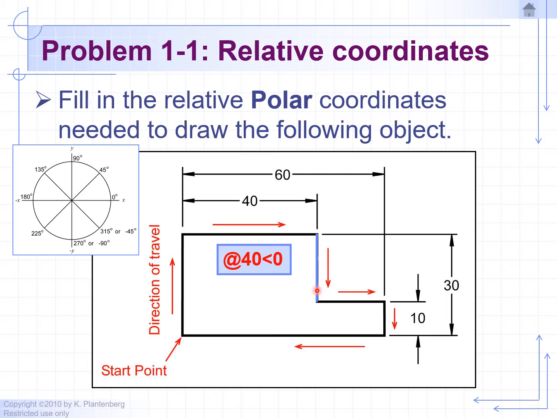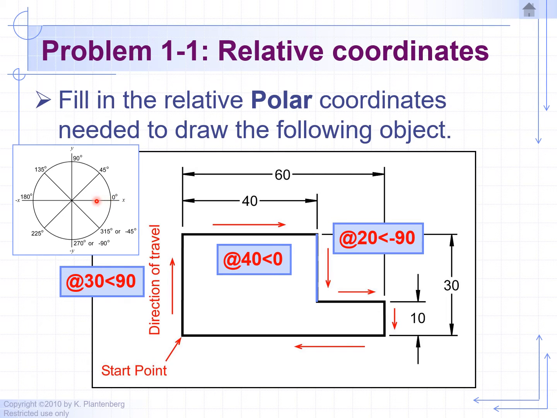To generate the next line, which is a length of 20, it's just 30 minus 10, which is 20. Using relative polar coordinates, we're going to type in @, so that's with respect to the last point. We're going to go a length of 20 at an angle of 270 degrees or minus 90, with respect to the x-axis.